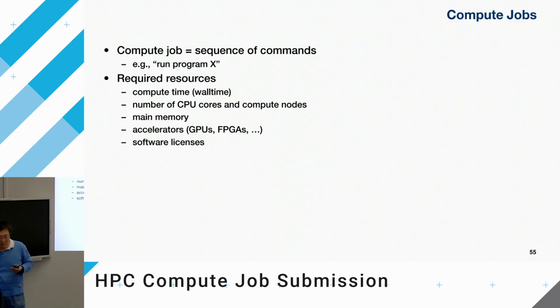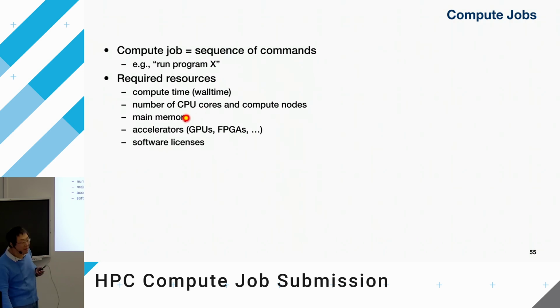At Paderborn Center for Parallel Computing, we have one cluster system with about 1,000 compute nodes. Do you want to use all those 1,000 nodes? That's possible, but normally you won't want to use 1,000 compute nodes, but you need to specify the number.